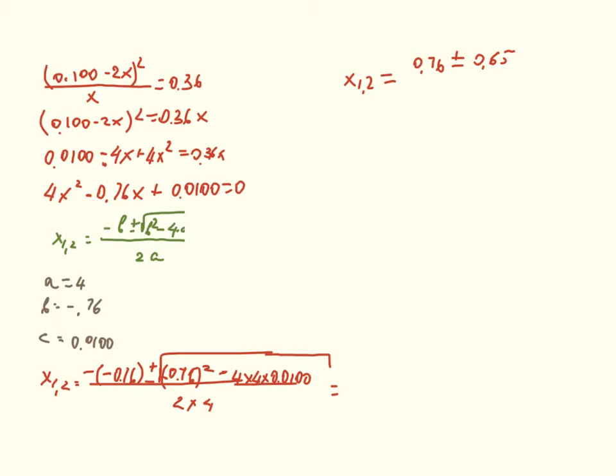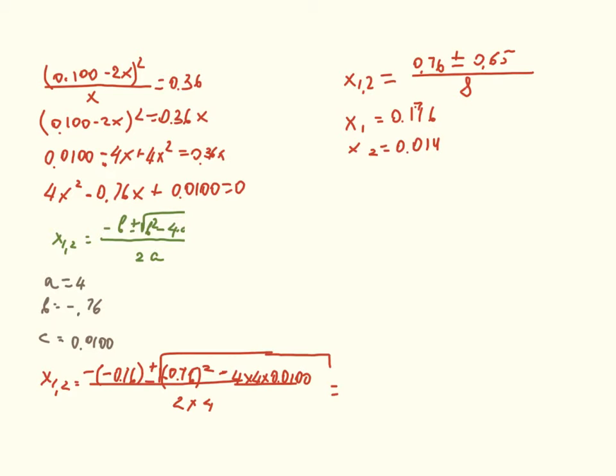This is the result under the square root, over 8. And now we can separate them. The first root, x1, is going to be 0.176, and x2 is going to be 0.014.